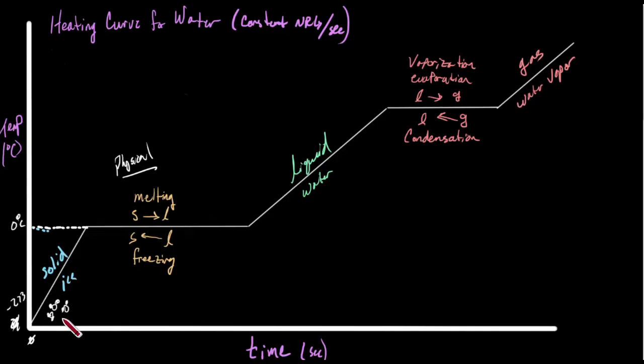The structure of it has a central oxygen, and the two hydrogens are kind of off to the side. And when it's a solid, these particles are really close together, but they have no freedom of movement.